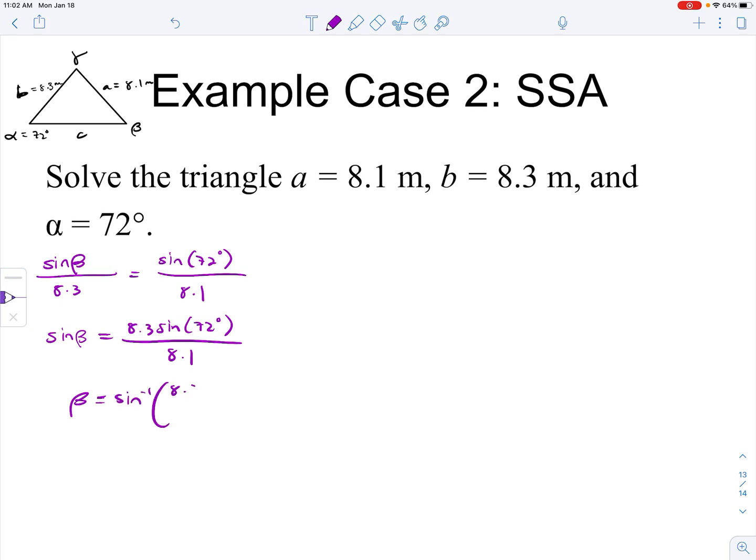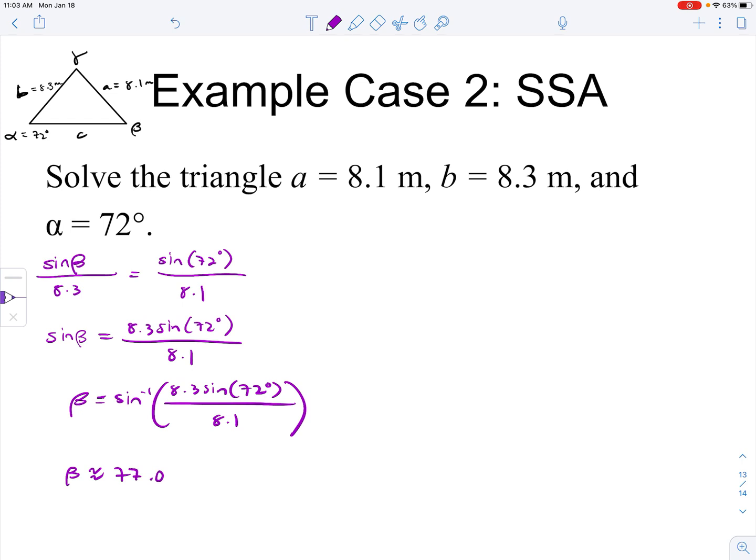So beta would be equal to inverse sine of 8.3 times sine of 72 degrees over 8.1. Remember, this is just one of the solutions for beta, right? If we think about this equation here, there's an angle from quadrant 1 that would make that a true statement, and an angle from quadrant 2.